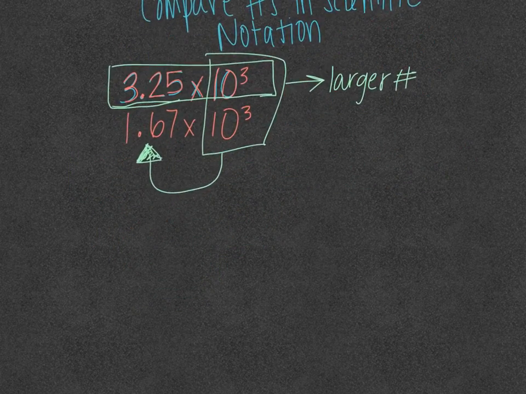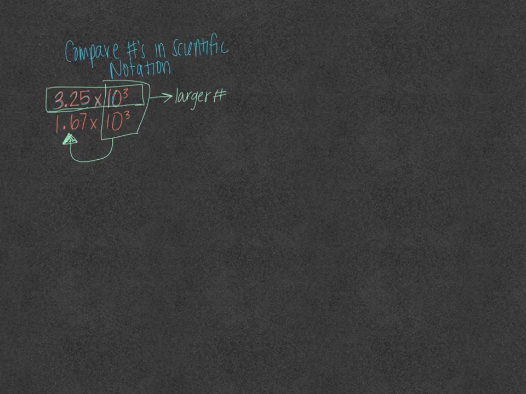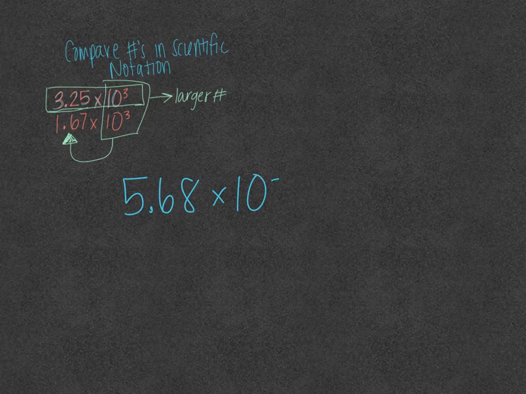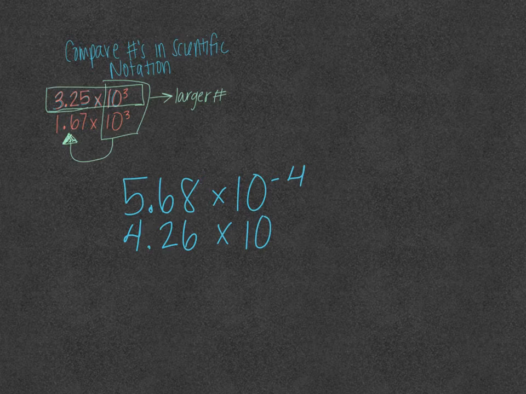Let's do another example. So another example would be 5.68 times 10 to the negative fourth power. Bringing in those negatives. I know they're scary, but they don't need to be scary. And then 4.26 times 10 to the negative fourth power.